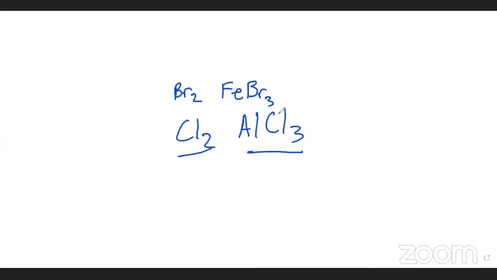So chlorine and AlCl3 or FeCl3. If they give chlorine instead of bromine, you can use FeCl3, Fe or AlCl3. So let's go to 2018.